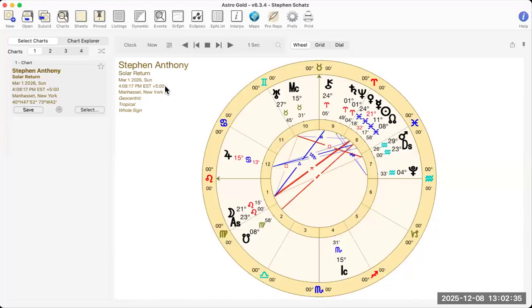Pisces is not in its rulership, it's not domicile, it doesn't have any debility or dignity. Although actually let's have some fun with this and look at that again. Maybe it does. Let's see.